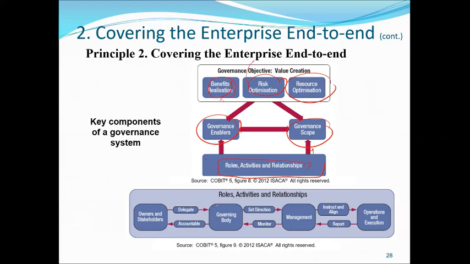Owners and stakeholders delegate to the governing body, and the governing body is accountable to the owners and stakeholders. The governing body gives direction to management, and management monitors and reports to the governing body. Okay, so this is the way of covering the enterprise end to end.